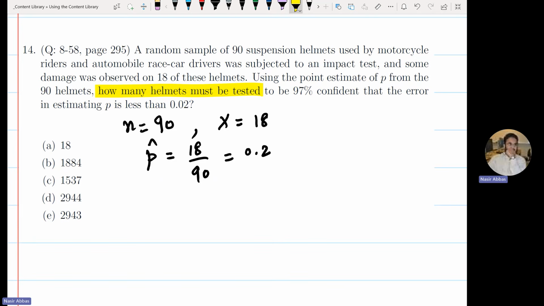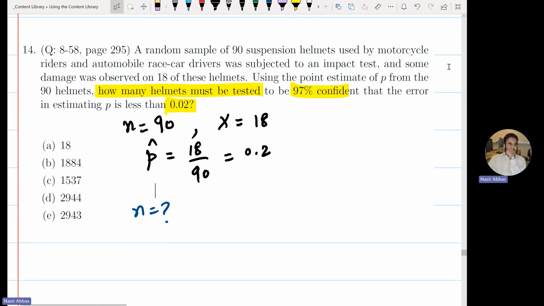The number of helmets to be tested. N is required. New N is required. Old N is given to you as 90. New N is required, such that you are 97% confident that the error is what?